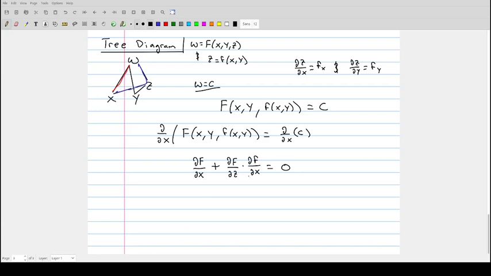So we can solve for what we're looking for, which is df dx, and df dx is then equal to negative partial F partial x over, and let me be very clear here, this should be lowercase f.